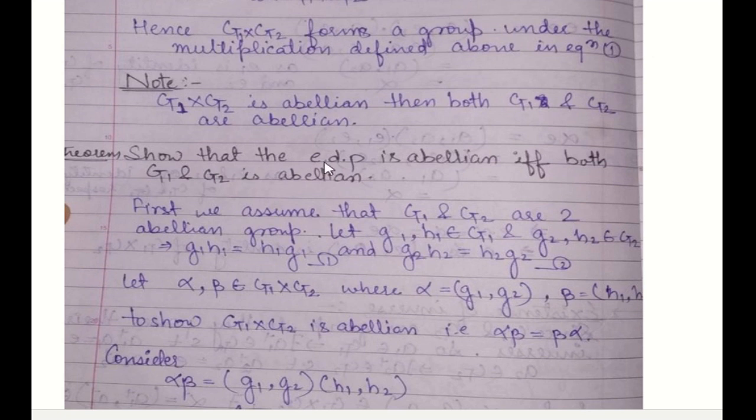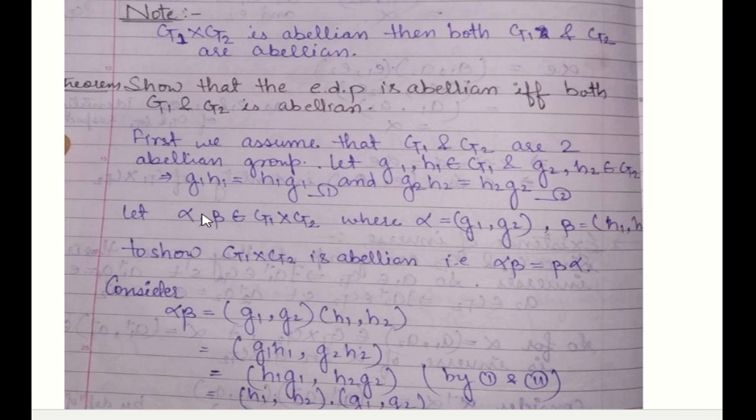The external direct product of two groups is abelian if and only if both the groups G1 and G2 which form this direct product are abelian. That is, we have to show that G1 cross G2 is abelian if and only if both G1 and G2 are abelian.